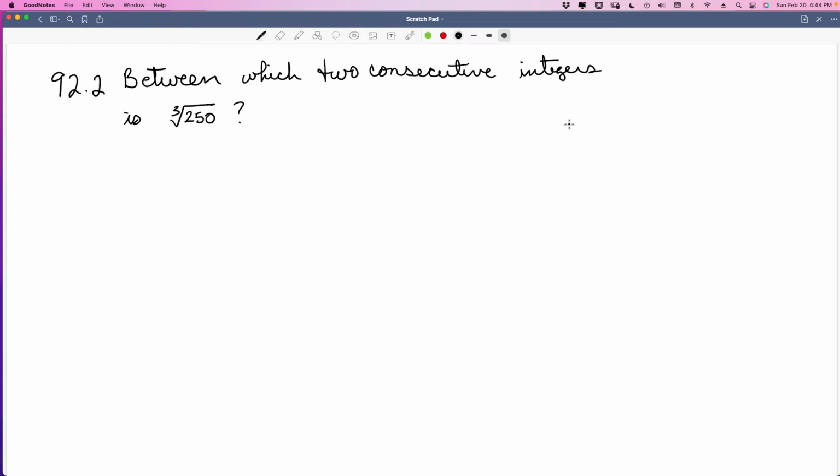So I would probably look at 5 cubed first, because we're looking for cubes now, right? So I would pull up my calculator, and I would say 5 times 5 times 5 is going to be 125. And if you look on your scientific calculator, you've got a little button.